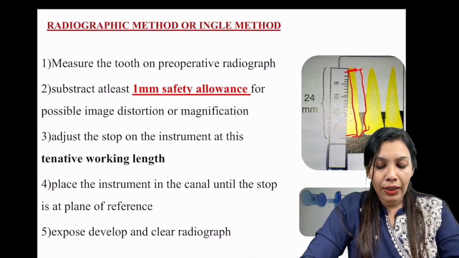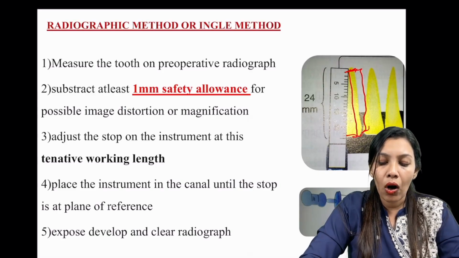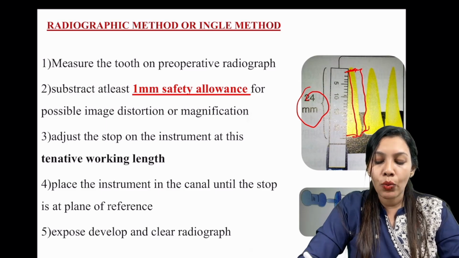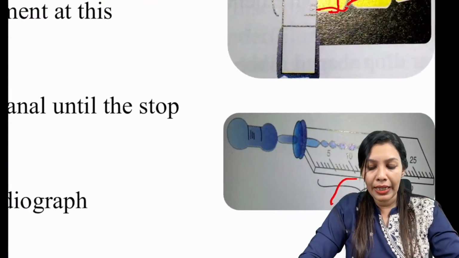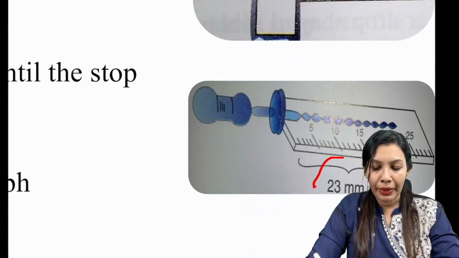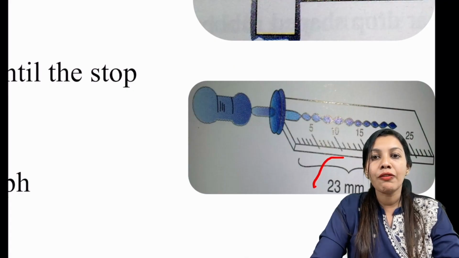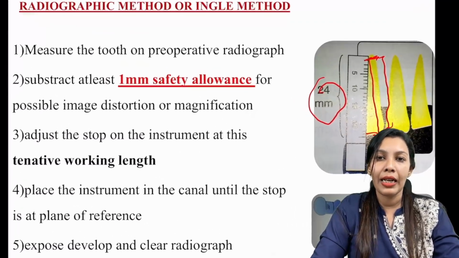From that, we will reduce 1 mm. Just think that we got about 24 mm. We reduced 1 mm. You can see in this image that there is a reduction of 1 mm, so there is 23 mm here. We will transfer this 23 mm to the file, and this file is inserted into the root canal.